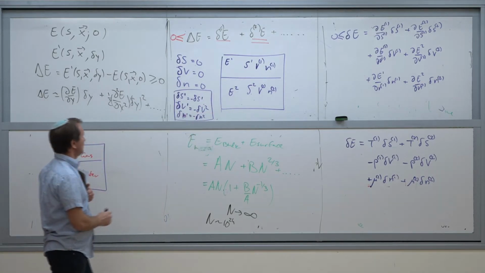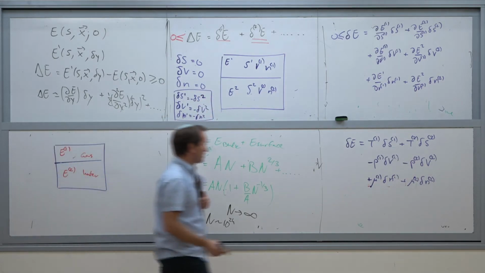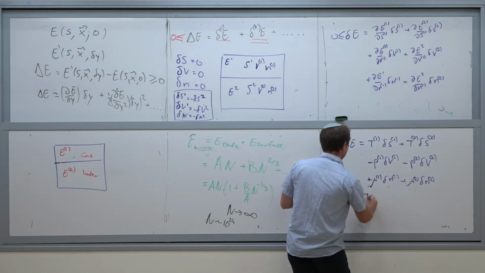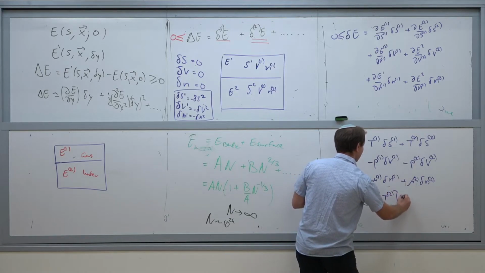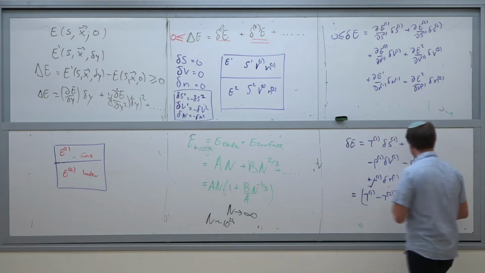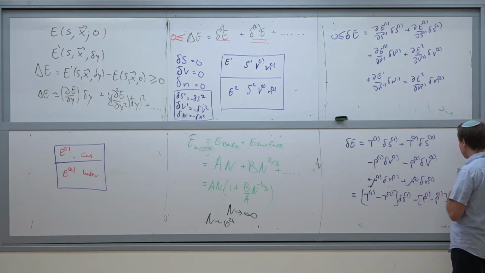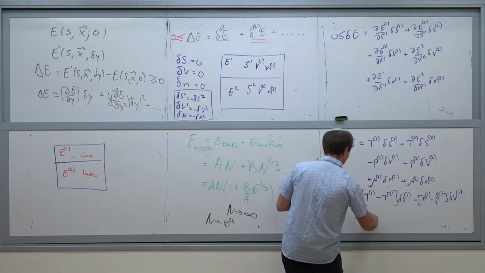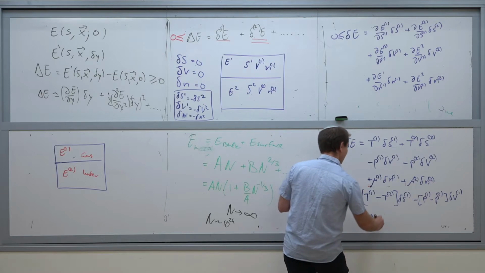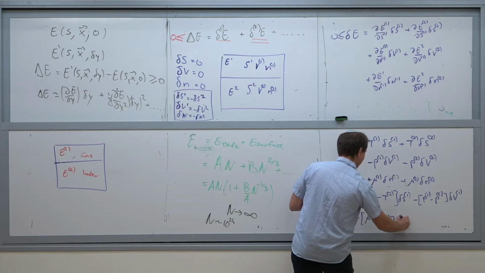Okay, we have delta S1 equals minus delta S2, delta V1 equals minus delta V2, etc. So what we're getting is T1 minus T2 multiplied by delta S1, minus P1 minus P2 multiplied by delta V1, and plus mu1 minus mu2 multiplied by delta N1.